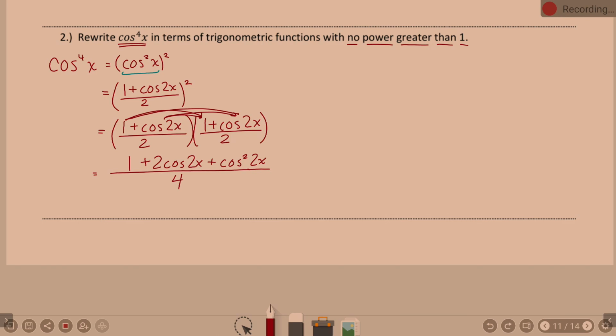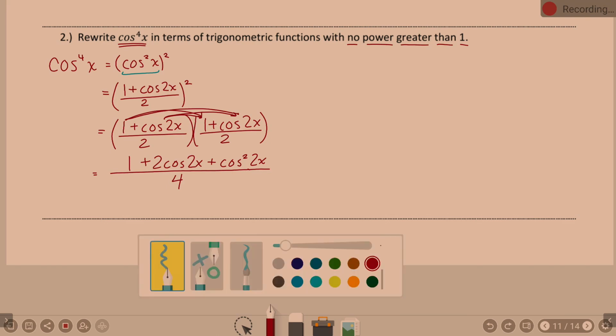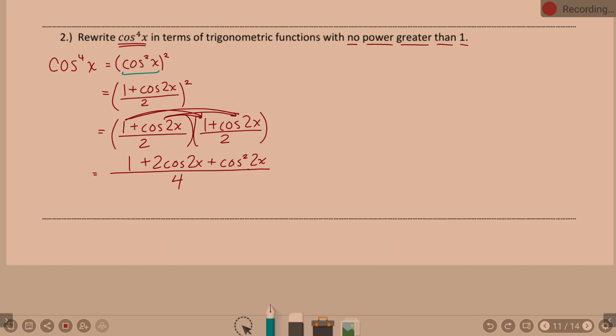Now, before we continue, we're going to have to do some cleanup. We also need to pause and think about what it was asking us. Rewrite cosine to the fourth x in terms of trig functions with no power greater than 1. What do we have going on here?